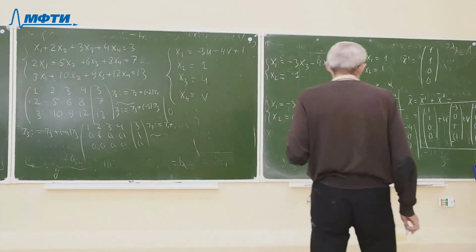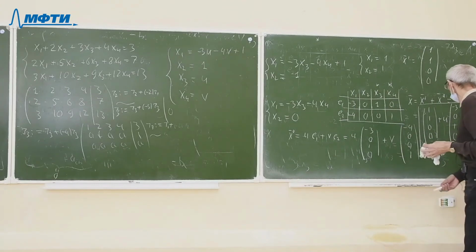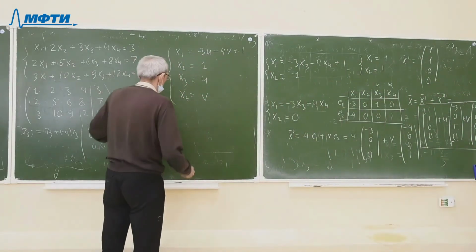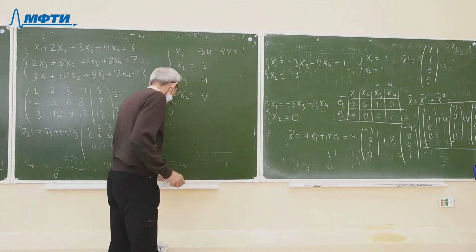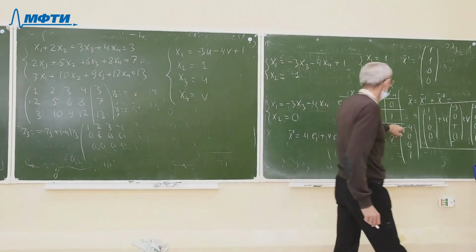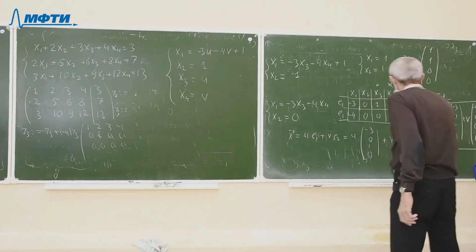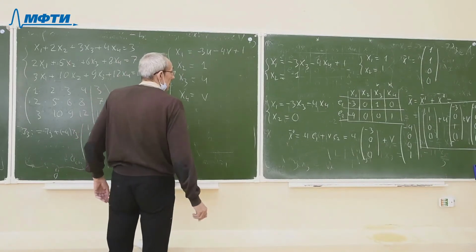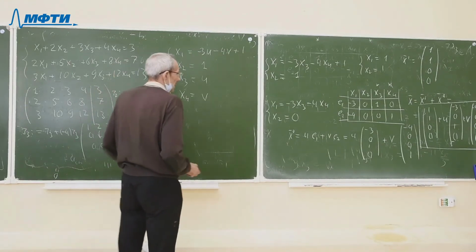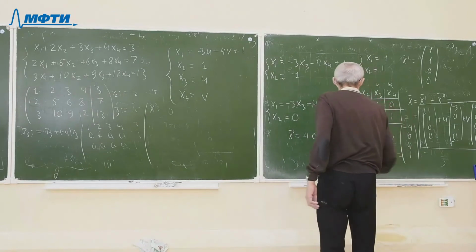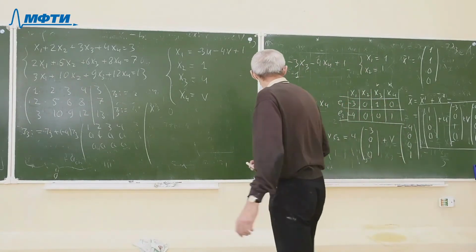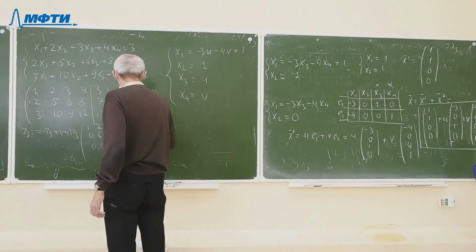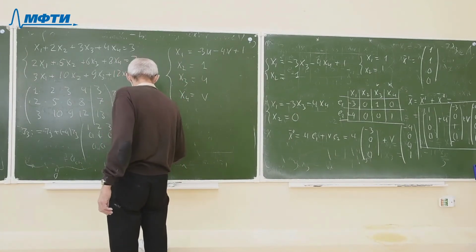If you rewrite this expression, we obtain x, the column matrix with coordinates x1, x2, x3, x4.